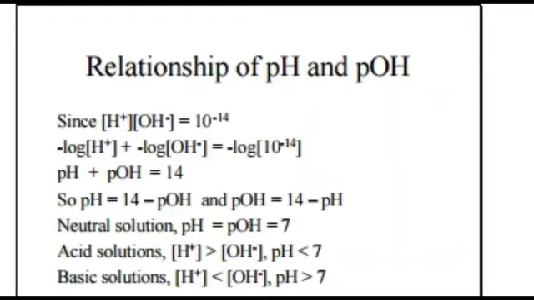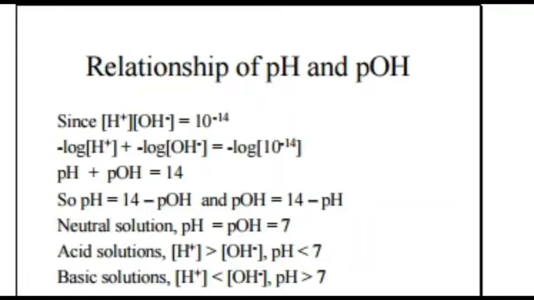We multiply this equation by minus 1. We write minus log to the base 10 concentration of H+ minus log to the base 10 concentration of OH- is equal to 14. The first term on the left of the equation is pH and the second term is pOH. It follows therefore pH plus pOH is equal to 14.